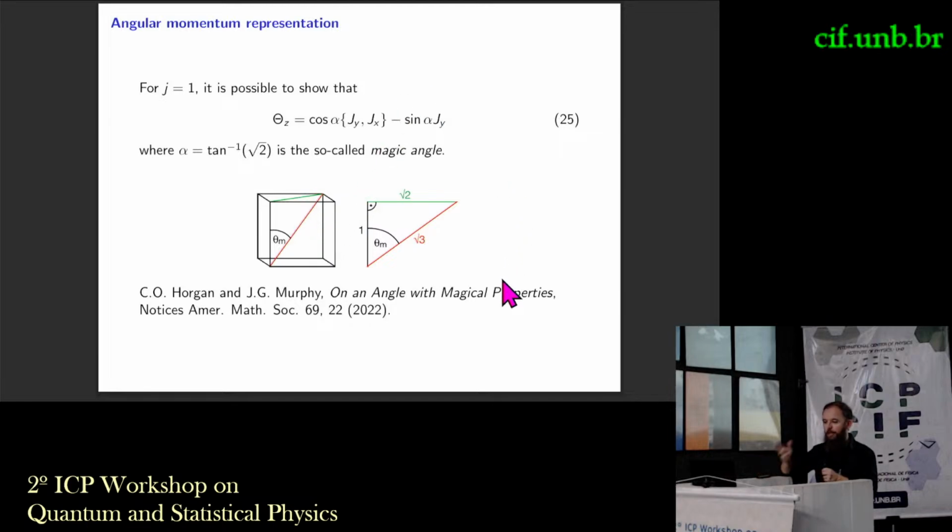And this special magic angle, this paper is very cool, appears in many contexts in nature, like nuclear magnetic resonance. You have this spinning at the magic angle, yeah? In many contexts this kind of magic angle appears, and it will appear again here.